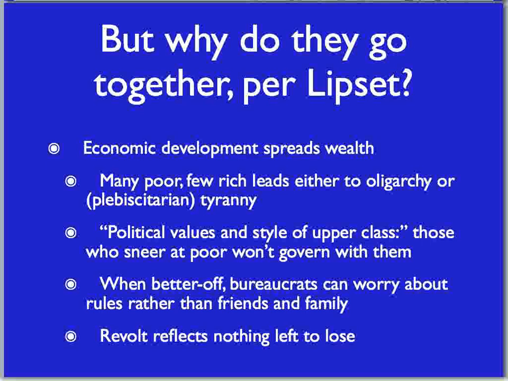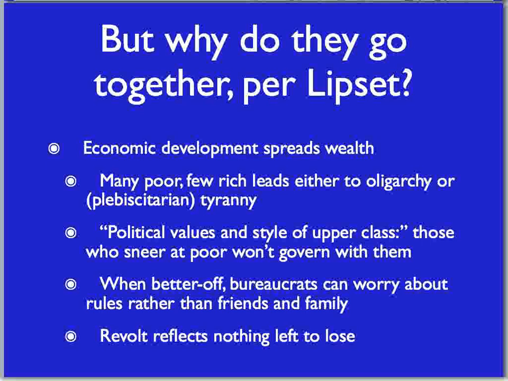It may seem kind of funny to us now, in the context, say, of politics in this country, where class distinctions and the sneering of the upper class at the lower class is very pronounced, that Lipset might think this was the trend of history. But at any rate, it seemed to him that when ordinary people were better off, richer people would have an easier time working with them, and that would make it easier for a democracy to be established.